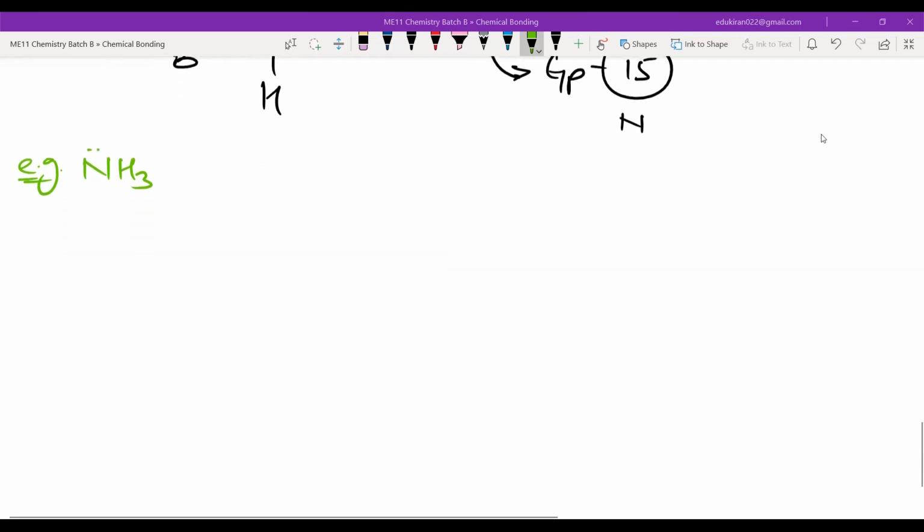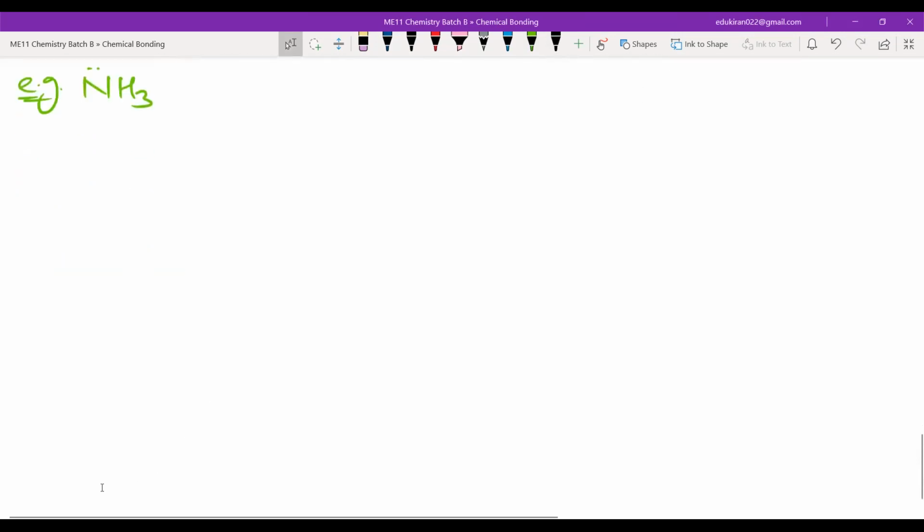Okay, NH3. Now in NH3, I hope you know the drill. Can you do this? Should I wait? Tell me. Achha, no, this is a bit different, I think. So let me just do it.